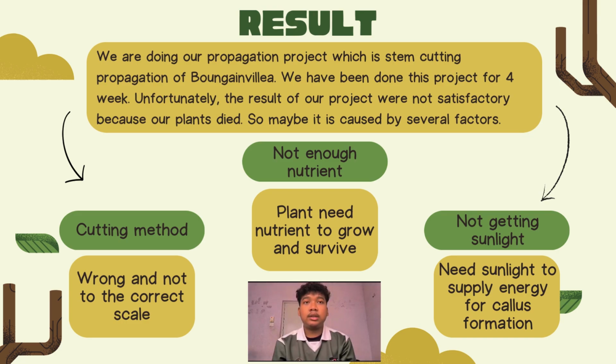The plant needs nutrients to grow and survive. And lastly, it was not getting sunlight, because plants need sunlight to supply energy for callus formation. Maybe because my group placed the plant in a room, that's why my plant was not getting sunlight.